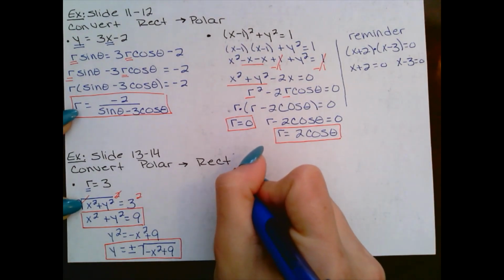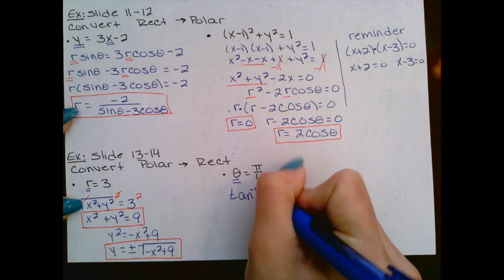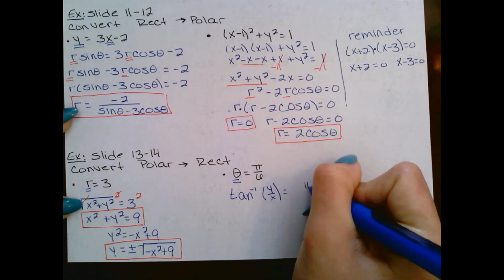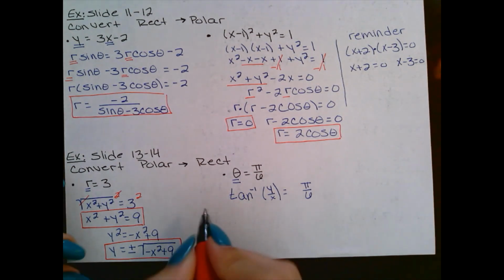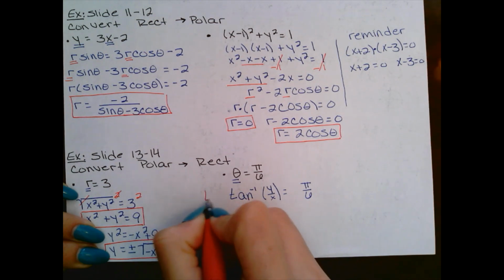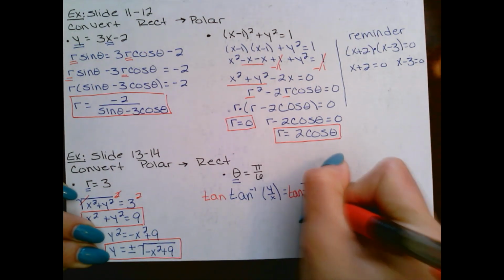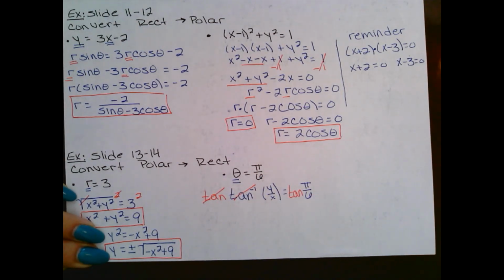So instead of theta, I could say inverse tangent of y over x equals pi over 6. Now, the inverse operation of an inverse tangent is just a regular tangent. If I apply a regular tangent to both sides, the inverse tangent and the regular tangent cancel out. Okay?